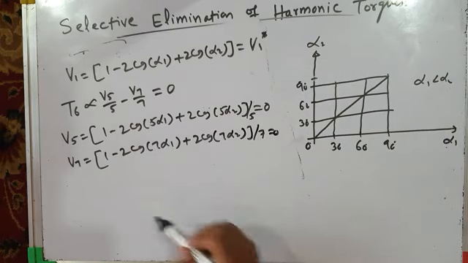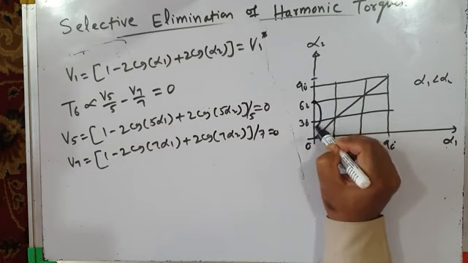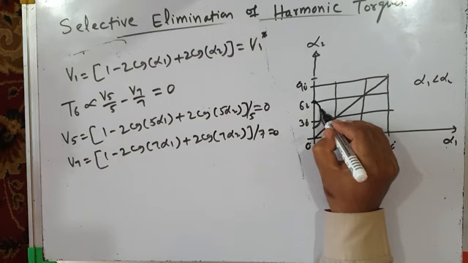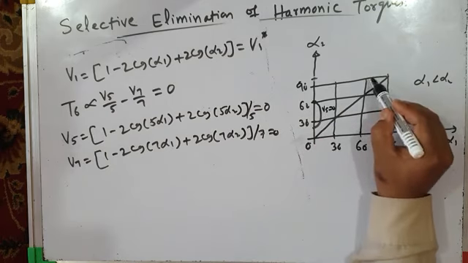Okay, if you solve them, you will get the contour for V5 equal to 0. For example, just a few minutes back, I have already discussed it with you. You will get something like this. This is the contour for V5 equal to 0. Another contour will be somewhere here.